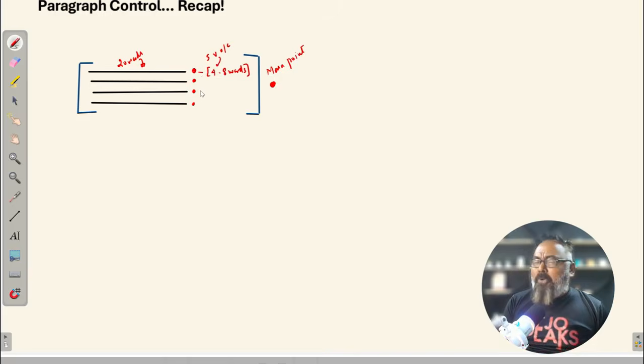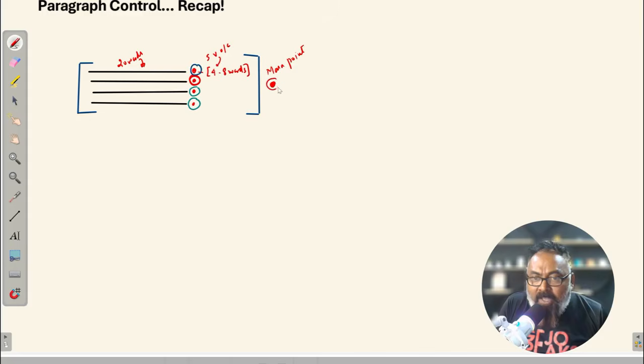No. One of these is going to be the main point. The rest of them could be acting as some sort of support, maybe acting as some sort of context. One of them would be the point, and that will be the main point that we are taking away.